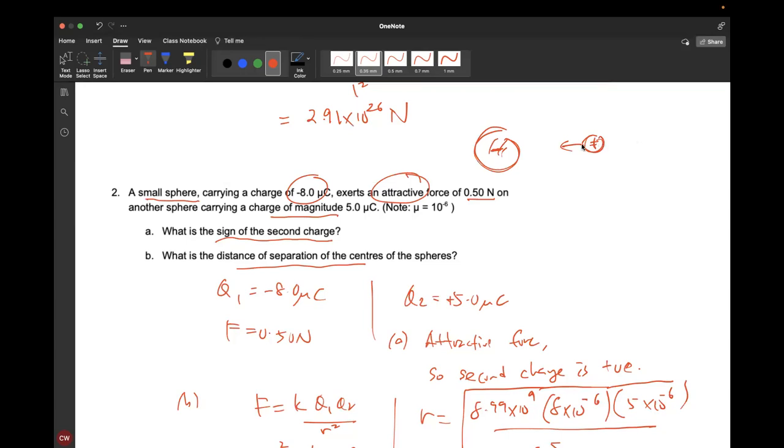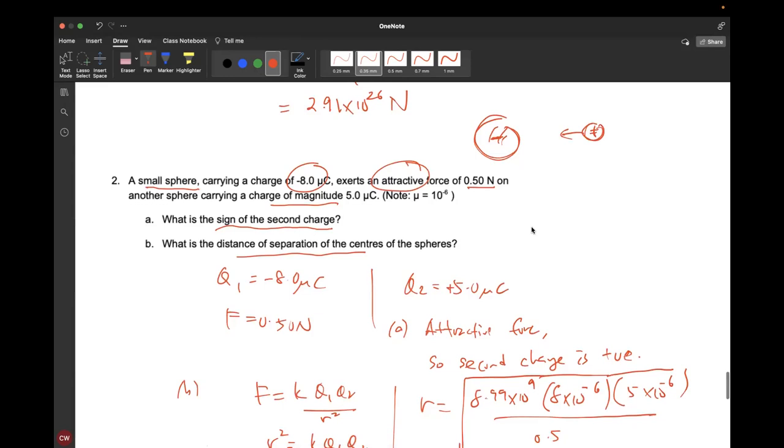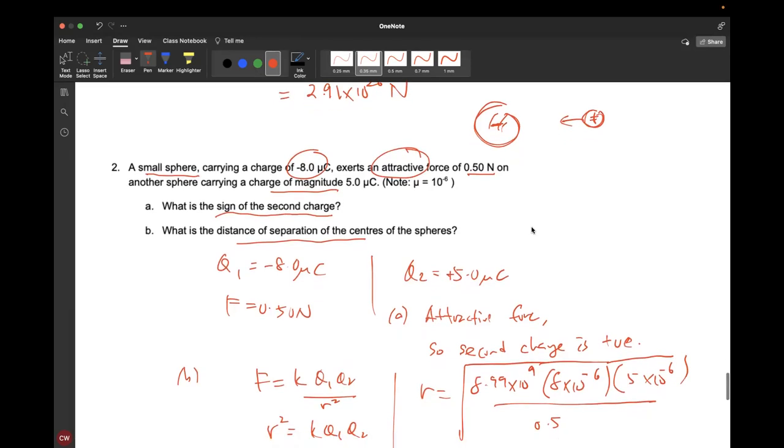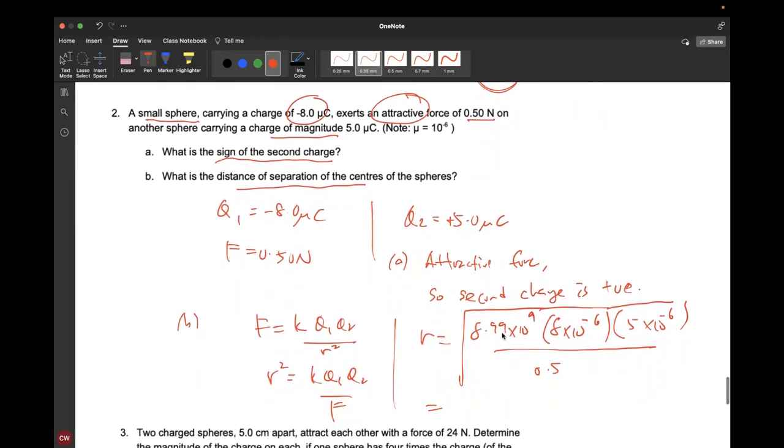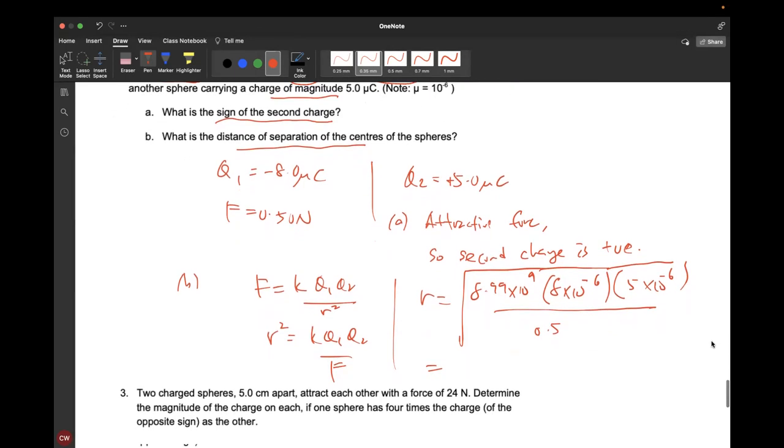If it's negative, then it will repel. Yeah, but then the formula is positive 8. Oh, you mean the formula? Formula we don't care, because in the formula we are only interested in the magnitude. Oh, okay. So this one you just ignore it. Otherwise, you won't get the answer, because square root of a negative value is undefined.